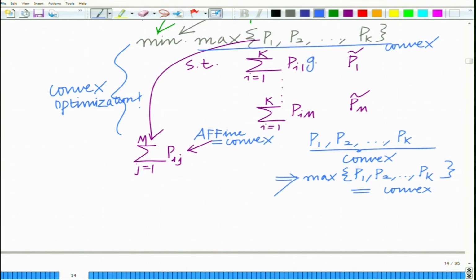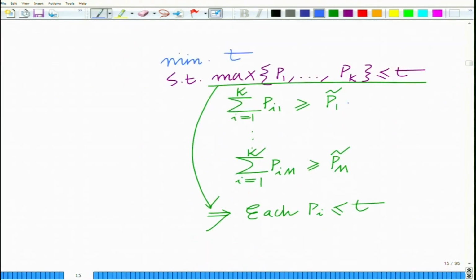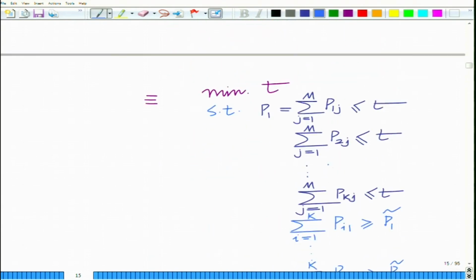So, this has to be Pi1 Gi1, and so on, summation Pim Gim greater than or equal to Pm tilde.